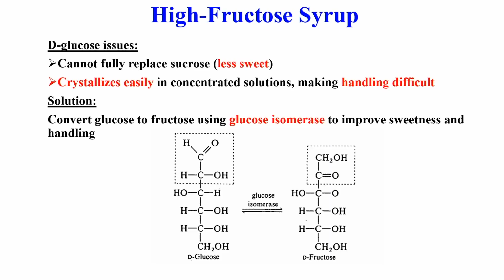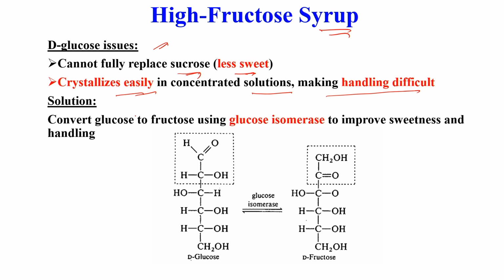The first one, high fructose syrup. As I told, D-glucose has certain challenges: it cannot fully replace sucrose, it is less sweet, and it crystallizes easily in concentrated solution, which creates hindrance during handling. So, what is the solution for this?